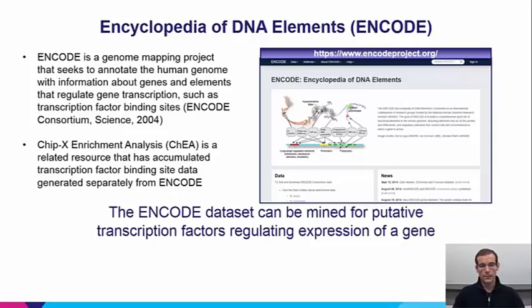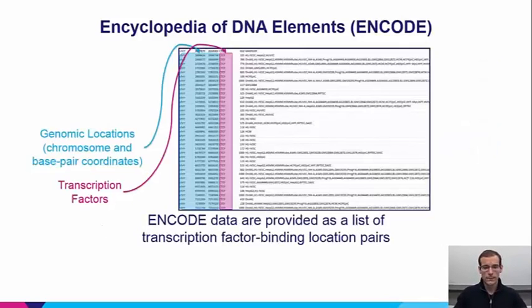So the value of this transcription factor binding site data is that we can learn which of these transcription factors are potentially regulating expression of a gene. So in this next slide, we have an example of what some of this ENCODE data looks like.